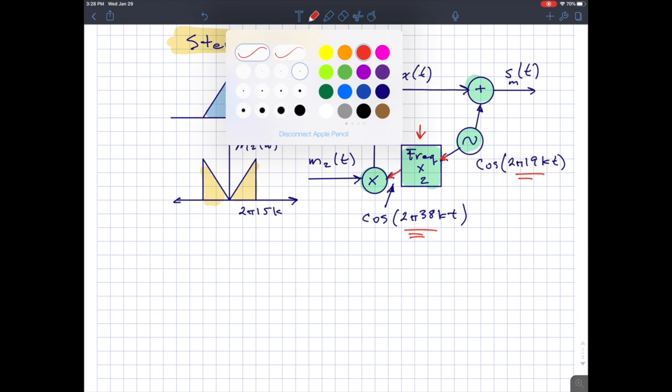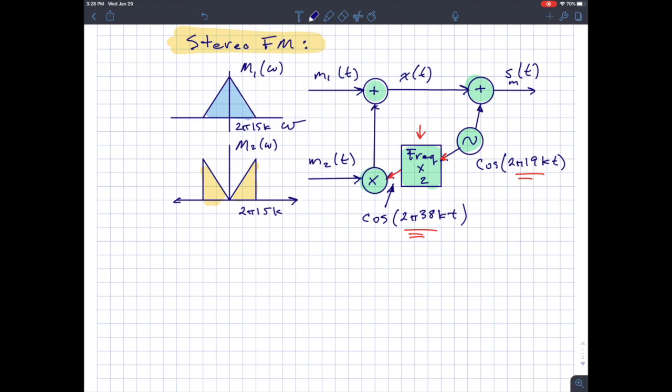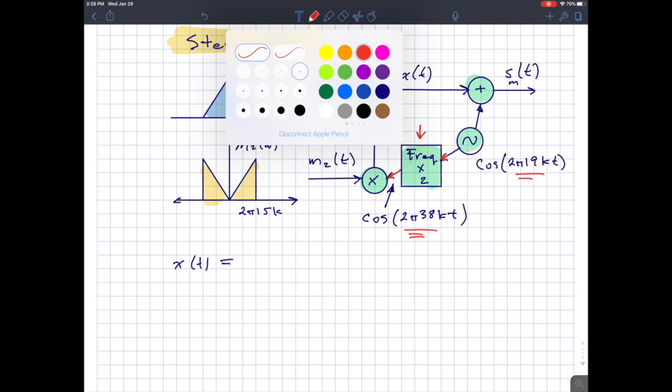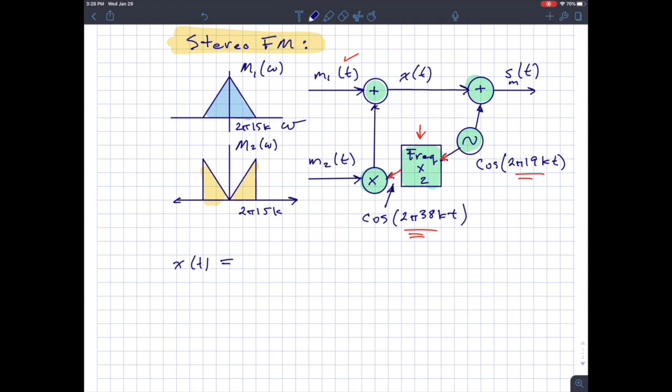From here, this is what I'd want you to be able to do on an exam. If I gave you this problem, I would want you to look at the way this block diagram is constructed. I notice that X of t has, first of all, M1 of t.